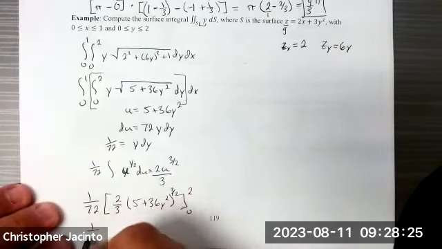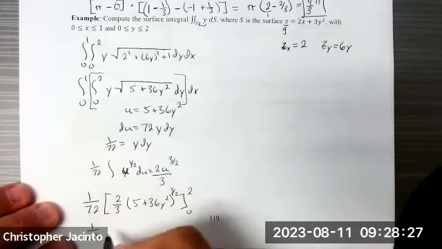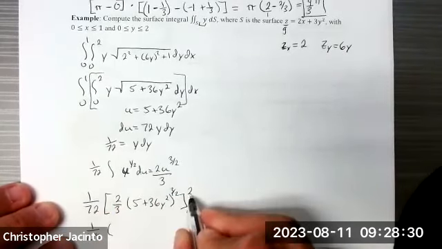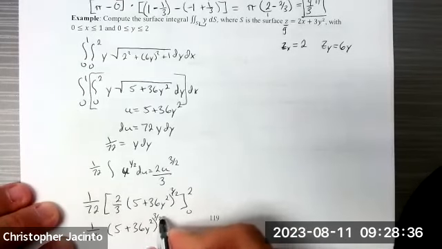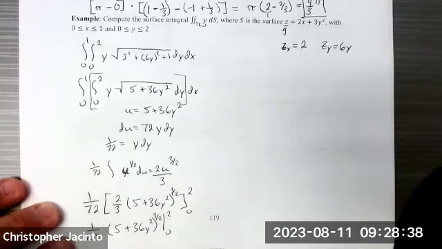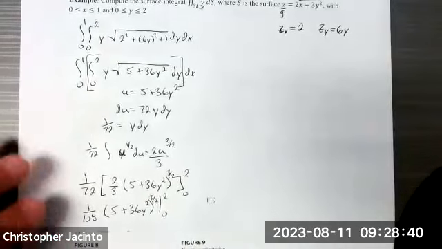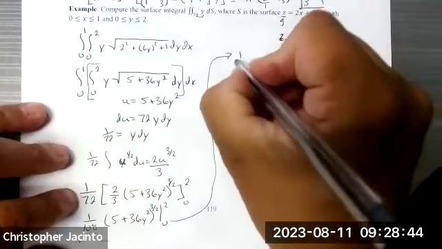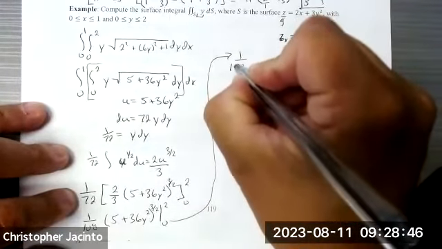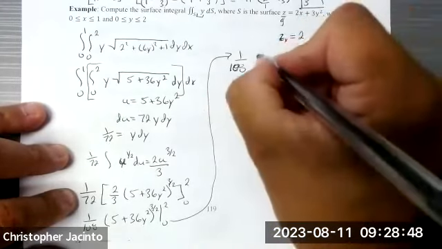So 1 over 108, and this is evaluated from 0 to 2. Okay, let's see what we get. Believe it or not, this is actually the whole problem right here.